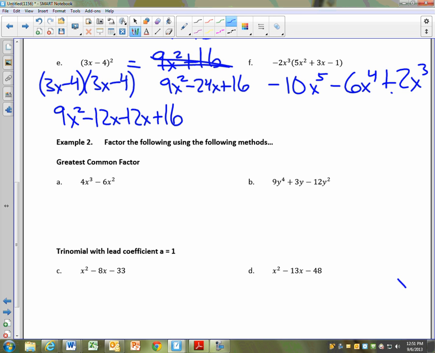Question. Let's say it was negative 2x to the third, and you're multiplying by 5x squared times 10y to the third. Those are in parentheses as well, right?